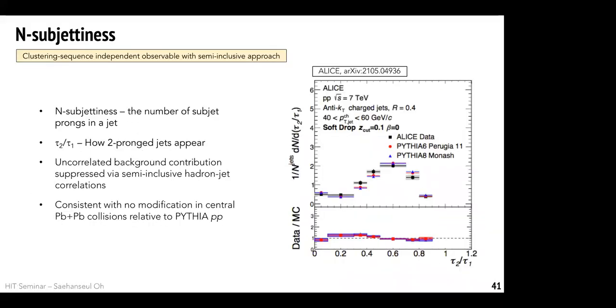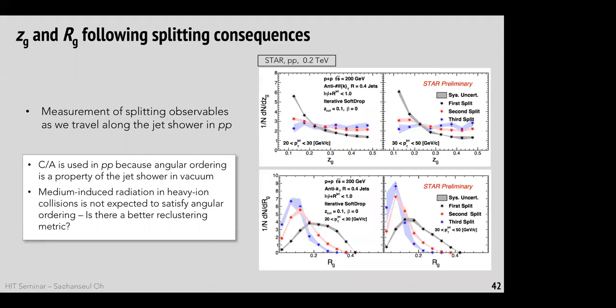I also prepared one additional slide, which is not in heavy ion collisions, but I thought it was very interesting. This is the measurement of zg and Rg following splitting sequences. Usually when we measure zg and Rg, we measure them at the first split. But we can do the zg and Rg measurement following as we travel along the jet shower, and this is possible in pp.